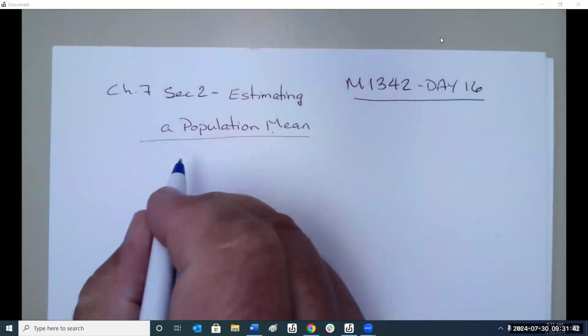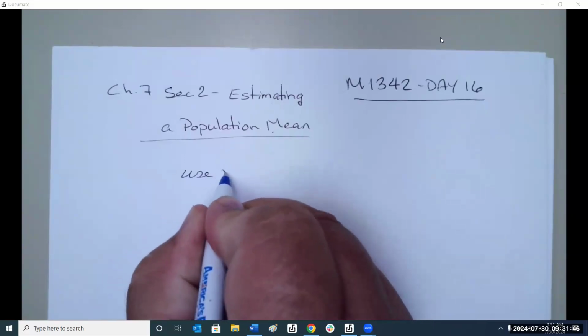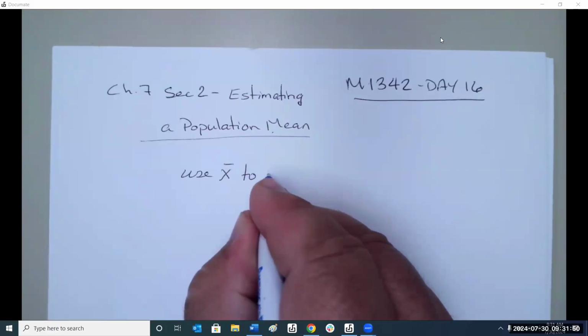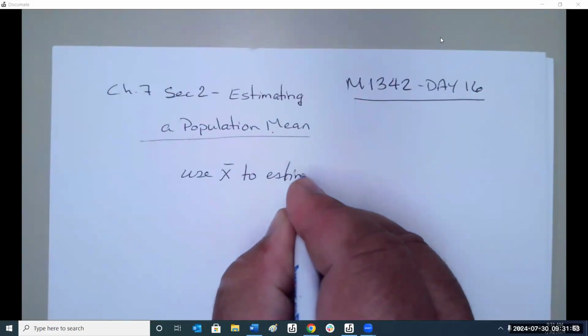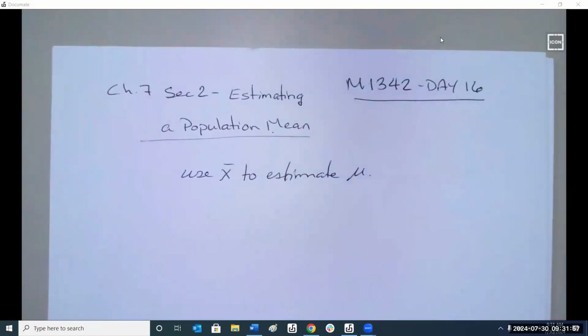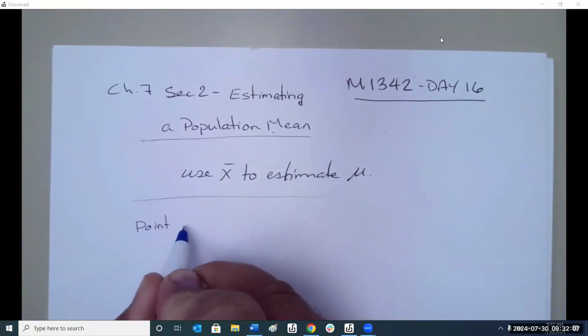So basically, we're going to use the sample mean to estimate the population mean. So small to large. Similar to yesterday, we're going to use the point estimate.